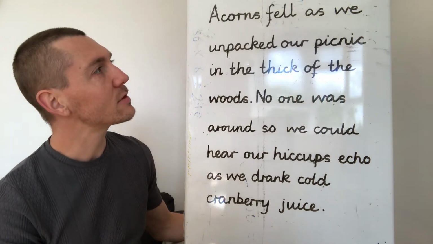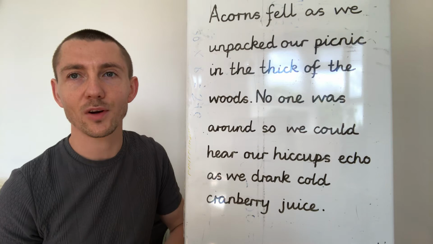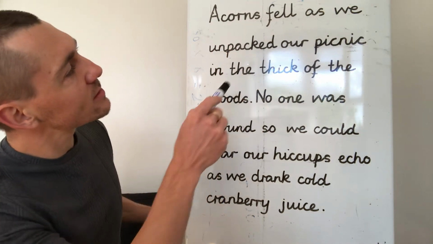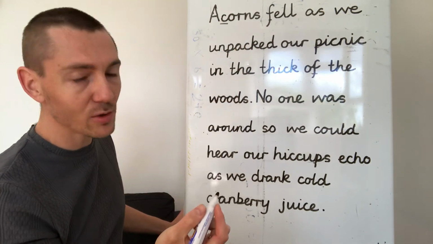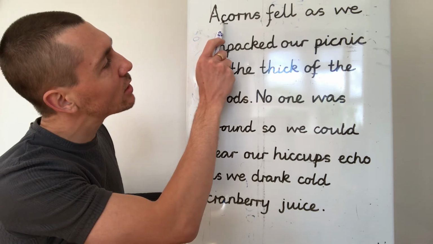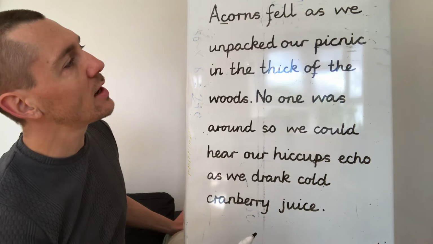So, let's read through and see what different spellings of the k sound we've got. So, we've got acorns, and there's a k sound spelling with the C. So what you should have written on your board is the word acorns. A, k, or, n, s. Acorns.